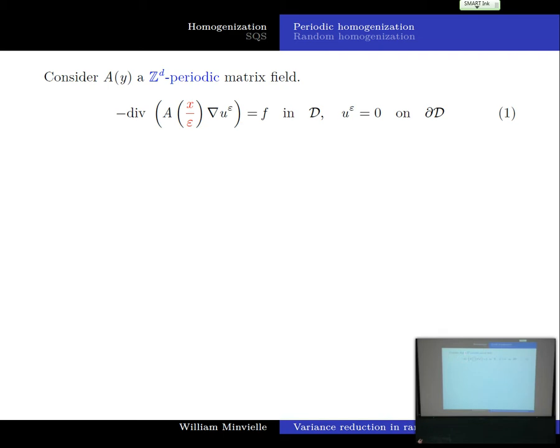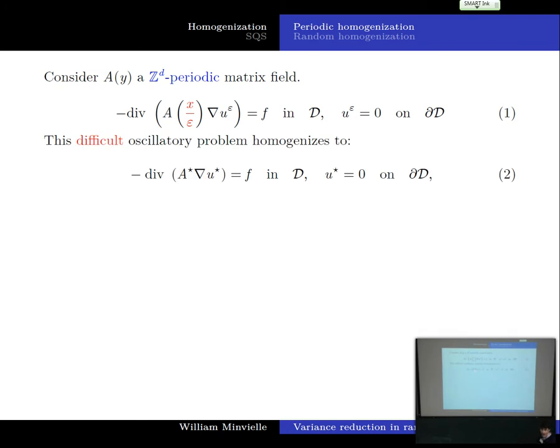So I consider a periodic function, and I look at my equation, and what the first statement in homogenization theory is really a compactness statement, which tells me that this equation converges in the sense of gamma convergence, etc., towards a limiting equation, in the sense that there exists A star such that the limit equation holds. And this equation is much more simple in the sense that it no longer involves the fine scale epsilon. So this is really where homogenization is useful, you would say.